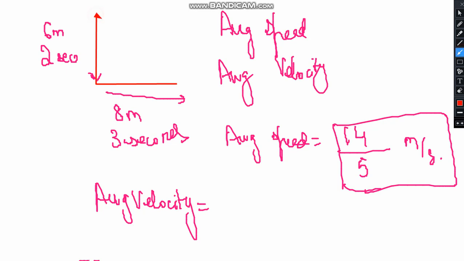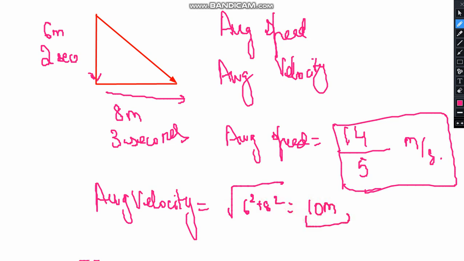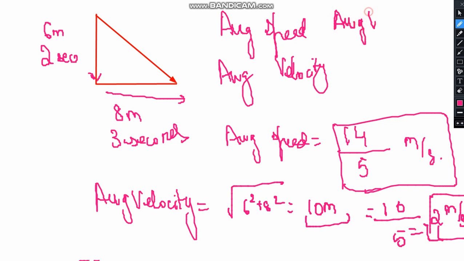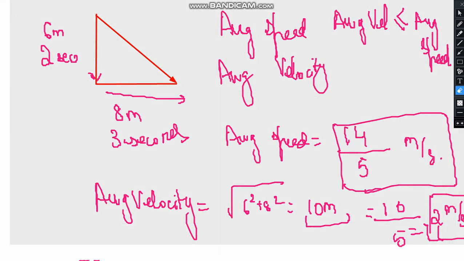The displacement is from the start to the end. By Pythagoras theorem, root of 6 square plus 8 square is 10 meters. So 10 meters is the displacement. 10 by the total time, which is 5, gives 2 meters per second. This is the average velocity. Same as for distance and displacement, average velocity is usually smaller than or equal to average speed. Very important concept. Wonderful question, done.